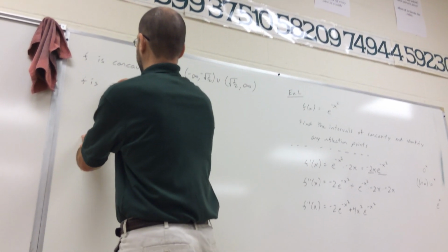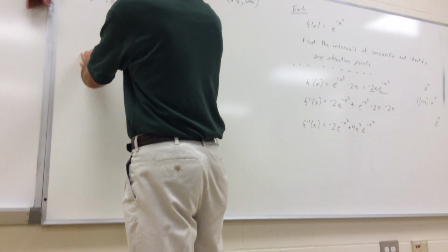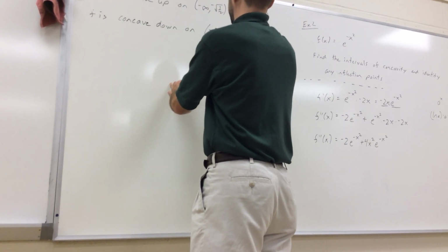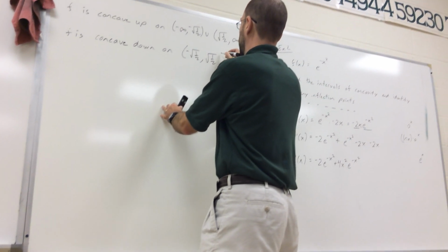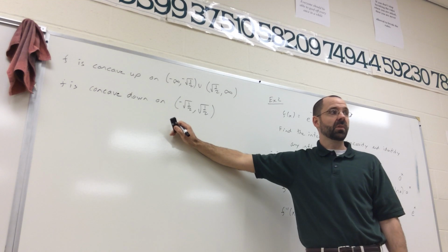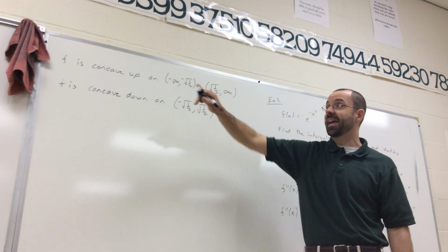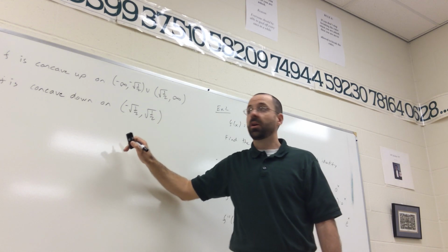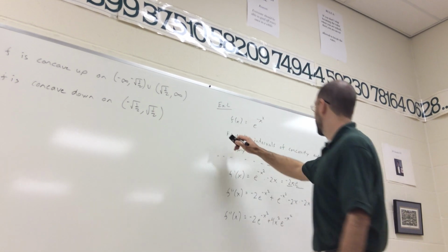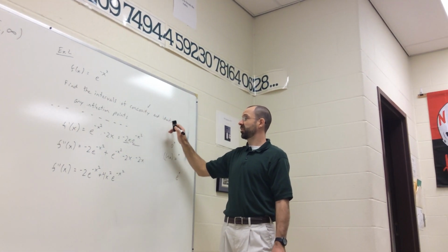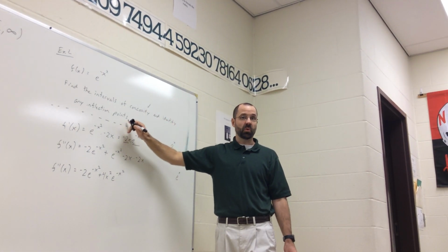So f is concave down on that interval, because the second derivative is negative on that interval. Okay, so that was the first part of the question. It said find the intervals of concavity. So we did that. And then it also says identify any inflection points.